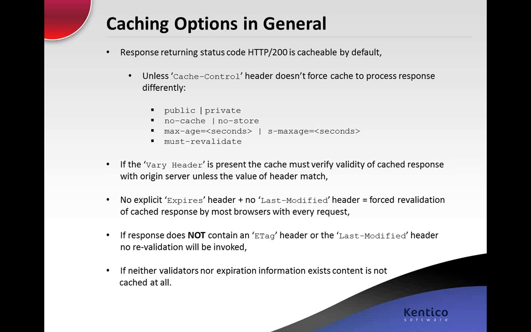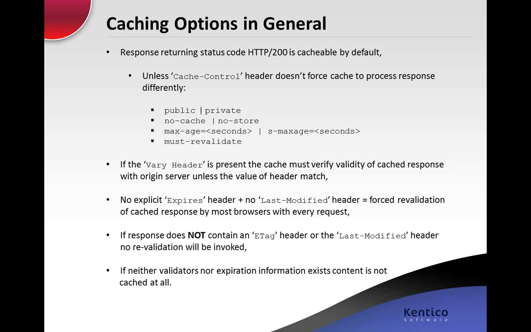If there are no validation elements included in the header, like no ETag or no last modified, then there is no information that could be used to invoke revalidation, and basically that means that if there is no expiration either, the content won't be cached even if it's marked as cacheable.